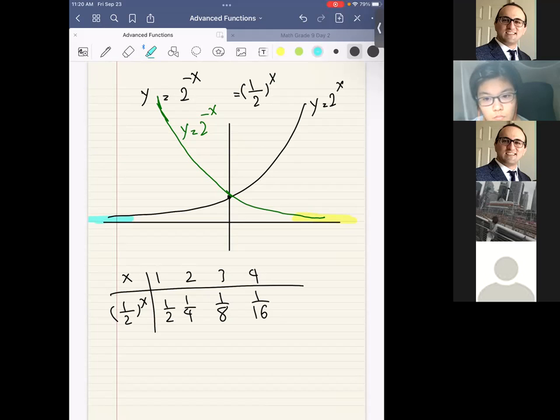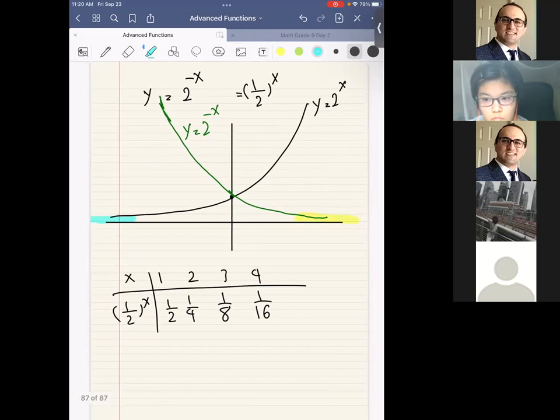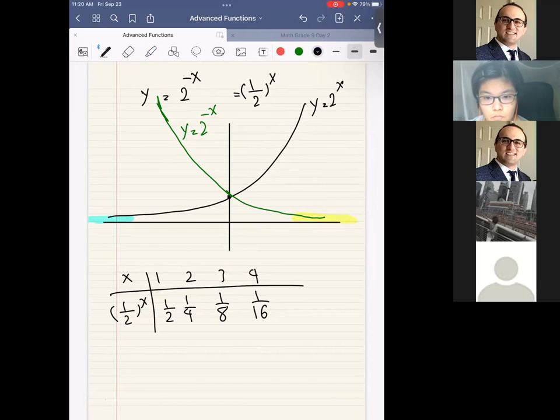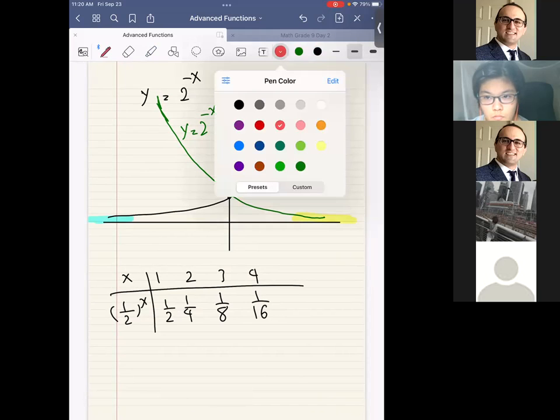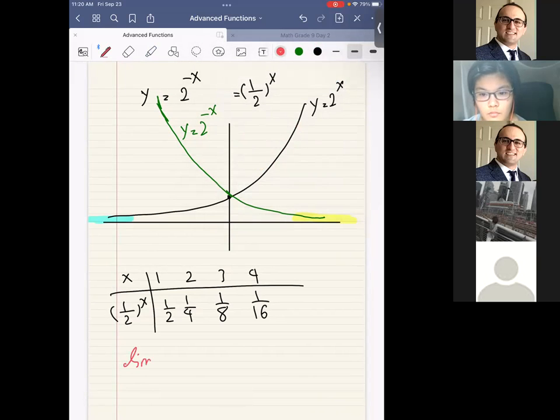Let me write down these two important things. The limit of 2 to the power x when x goes to minus infinity is 0, which is equal to the limit of 2 to the power minus x when x goes to plus infinity. 2 to the power minus x is 1/2 to the power x.